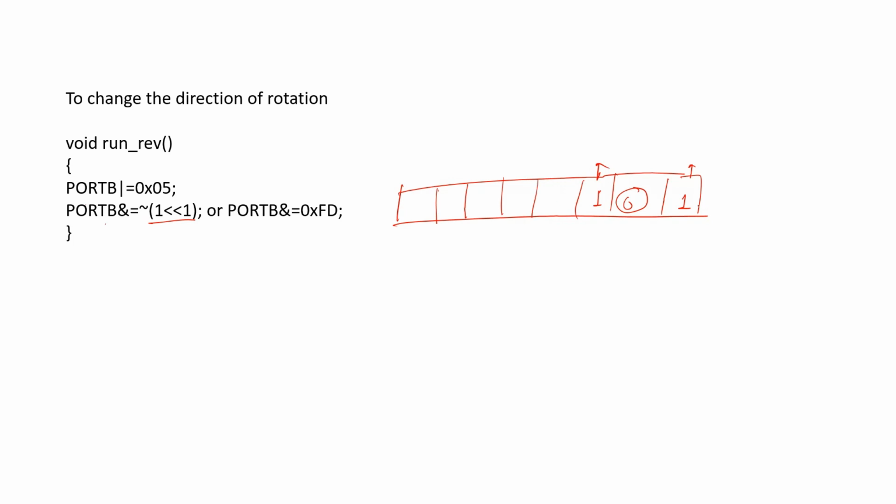After making these two bits 1, the other bits could be 0 or 1, and then we do an AND operation with this number, 11111101. This is equivalent to ~(1<<1), or this number is equivalent to F, and 13 is D. So we can write 0xFD.